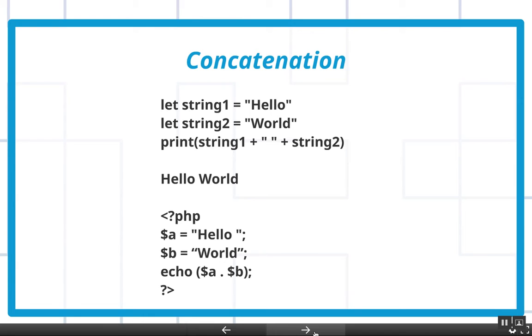Then we have variable B being assigned world, and then it's echoing out, outputting variable A concatenated with the period, variable B. And again, it would print out the same thing as the example above, hello space world. This time the space was within the first string, so they didn't have to concatenate quotes with just one space in them. So just be aware how different it is with different languages.